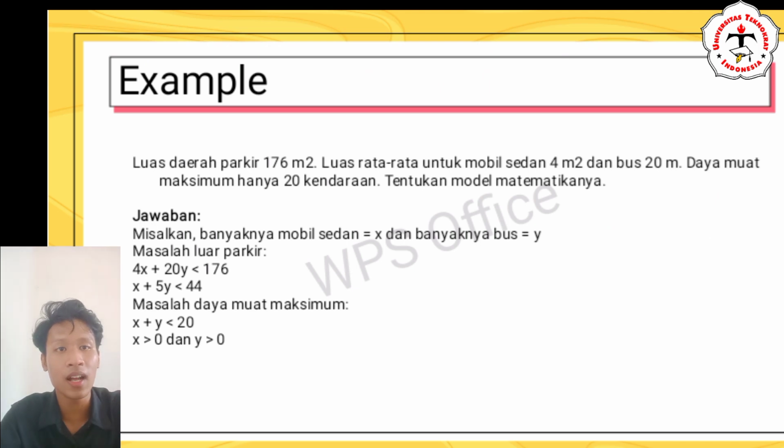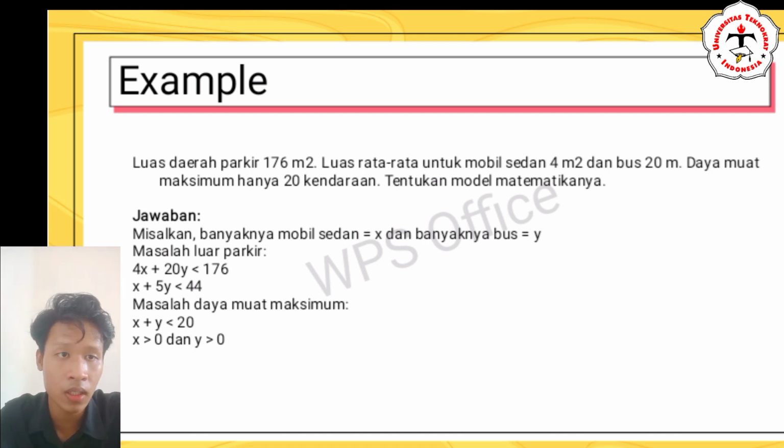Example: luas parkir 176 meter persegi, luas rata-rata untuk mobil sedan 4 meter persegi, dan bus 20 meter persegi, daya muat maksimum hanya 20 kendaraan. Tentukan model matematikanya.